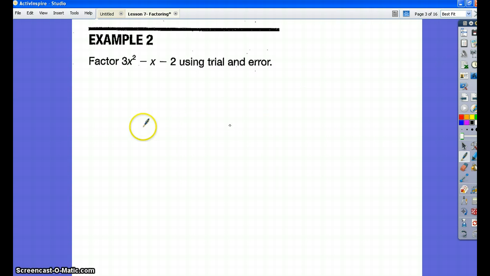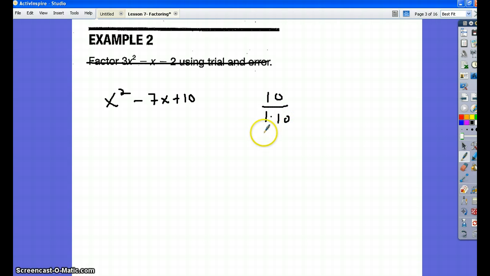So factoring a simple trinomial, let's not necessarily use this example. Let's use an example like x squared, let's say minus 7x plus 10. So this is a simple trinomial because there's nothing in front of the x squared. So what you do is you get the factors of 10, right? 1 times 10, 2 times 5, and that's it.